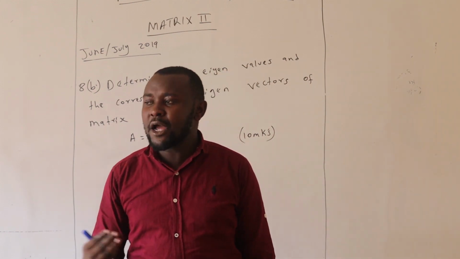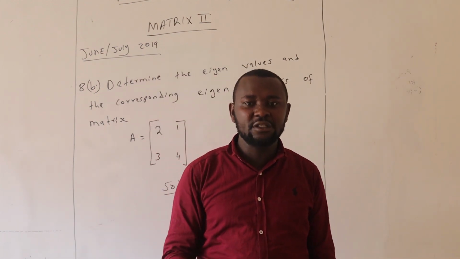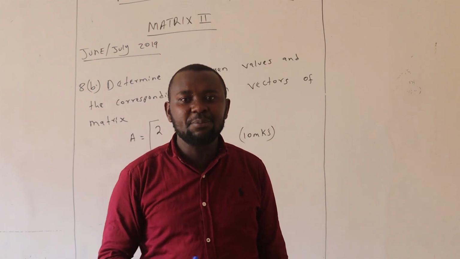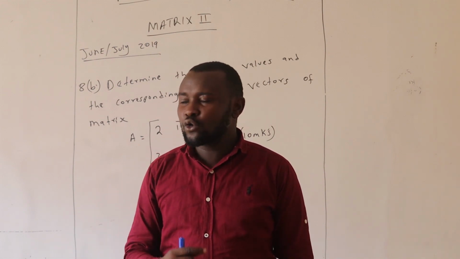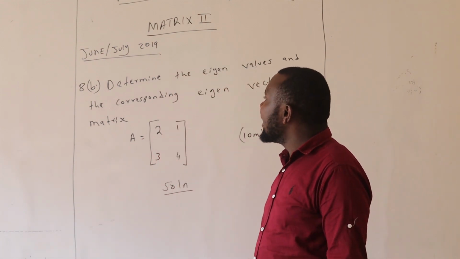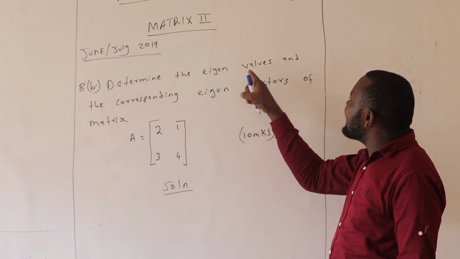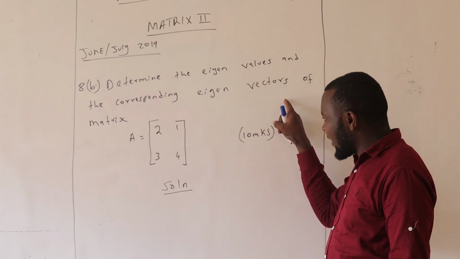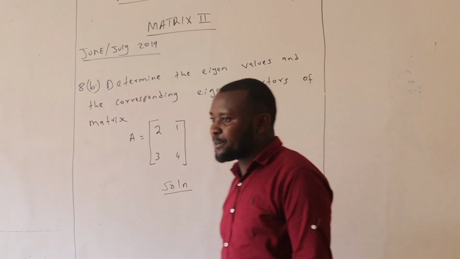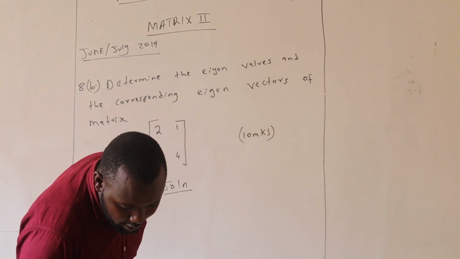We learn 2 by 2 matrix, 3 by 3 matrix. We also learn how to multiply a matrix. But today, we want to go further and discuss some terms known as eigenvalues and eigenvectors. So let us solve this problem now.